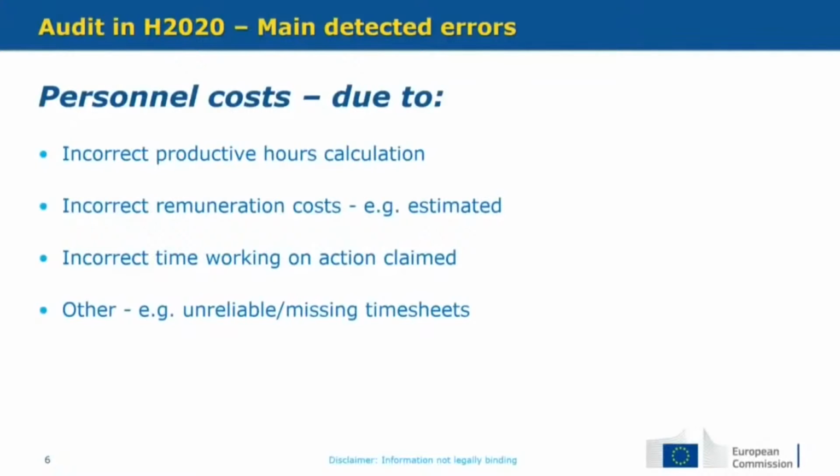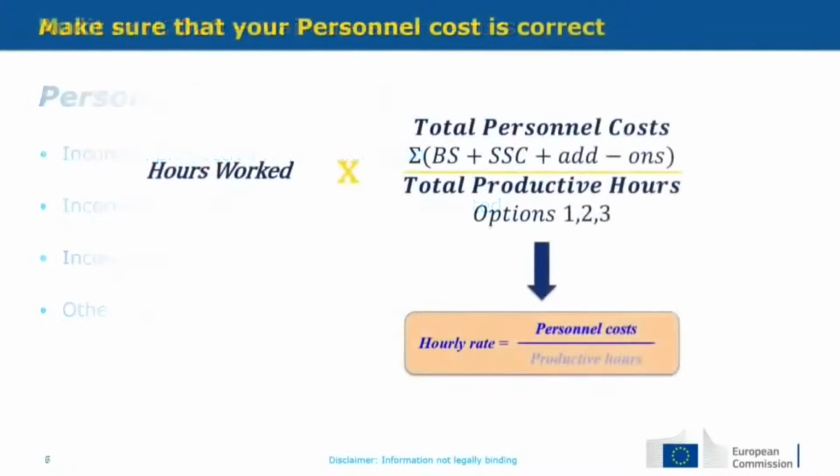And of course, all the elements explained by my colleague David earlier about the timesheet should be taken into account, because this may lead to errors if this is not the case. And of course, unreliable or missing timesheets may lead to rejection of cost or to calculation of adjustments by the auditors.